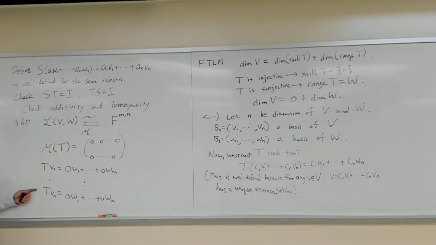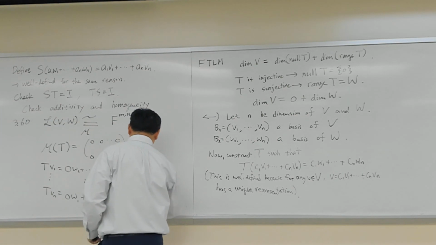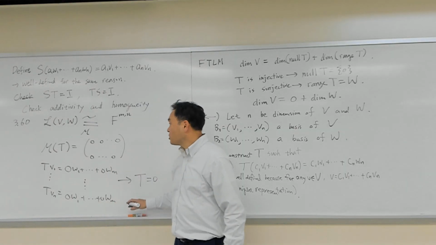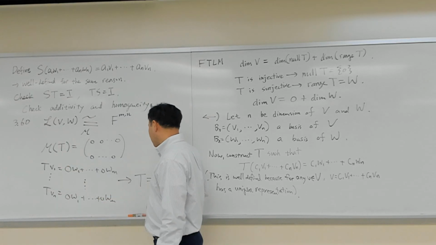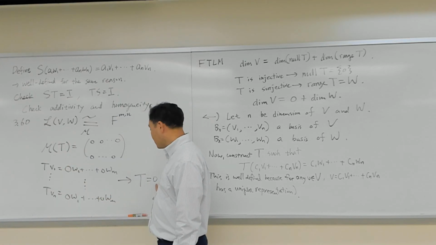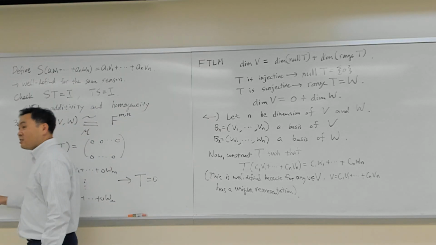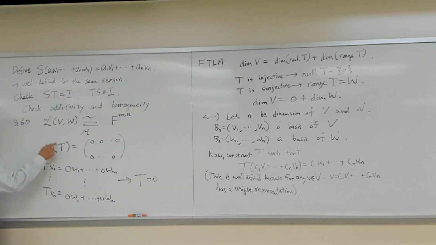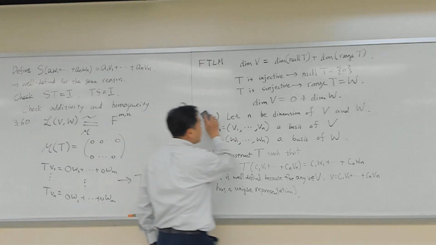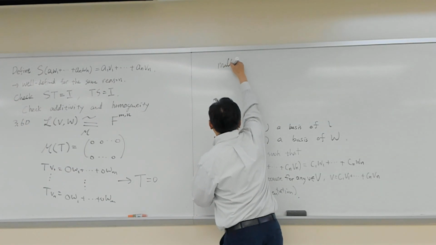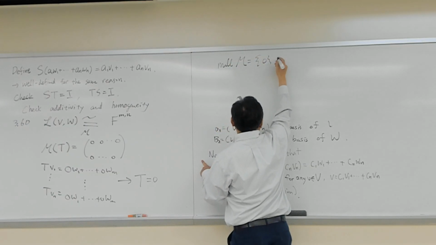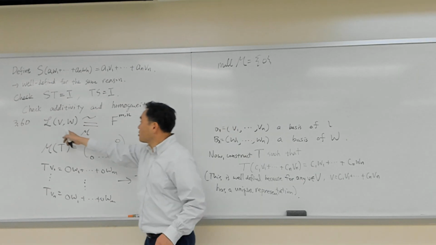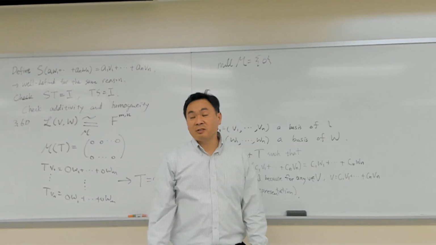And if that's true, then we see that T is just 0. So the null space of T is just a single element 0. That shows that this M is injective. This shows that the null space of M is just 0, where 0 is the zero element in here. So that's injective.